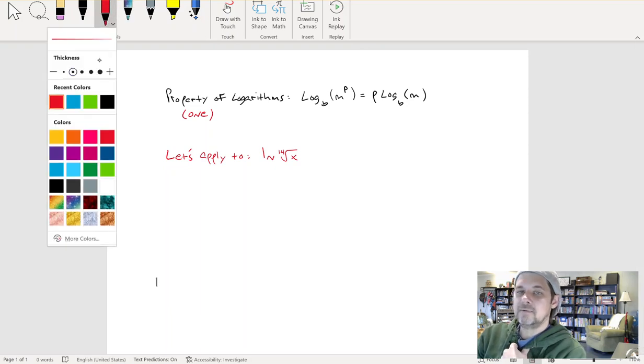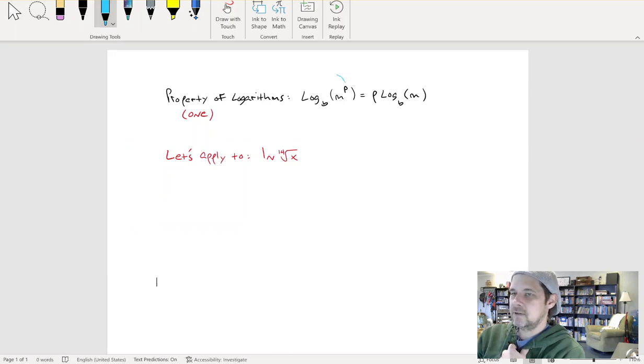So what we're saying is that if there's a power inside here, then you can move it out front, and now it's the power times the logarithm. That's the one that would be applicable to this question. But in order to make that known, I think we have to talk about a few things.